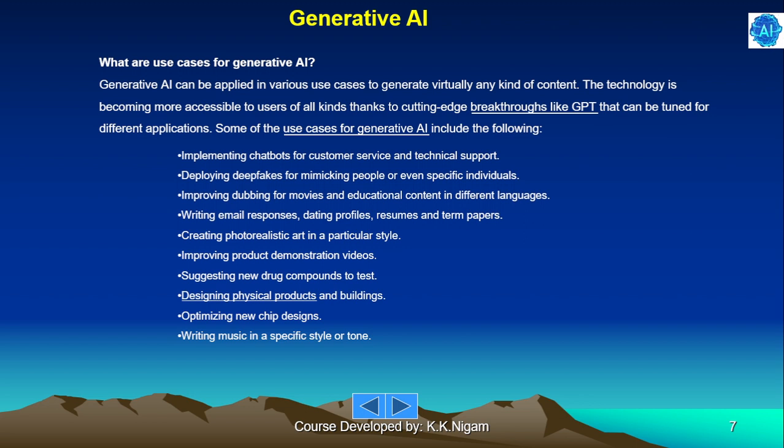Some of the use cases of generative AI include the following: implementing chatbots for customer service and technical support, deploying deepfakes for mimicking people or even specific individuals, improving dubbing for movies and educational content in different languages, writing email responses, dating profiles, resumes and term papers, creating photorealistic art in a particular style, improving product demonstration videos, suggesting new drug compounds to test, designing physical products and buildings, optimizing new chip design, and writing music in a specific style or tone.